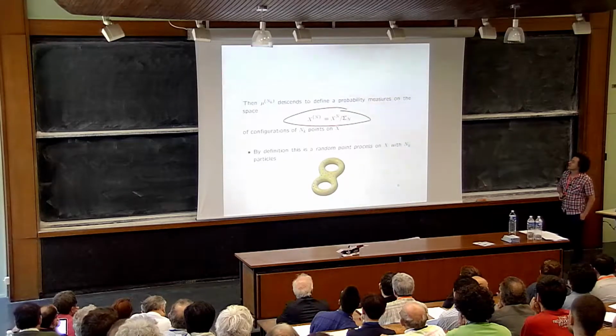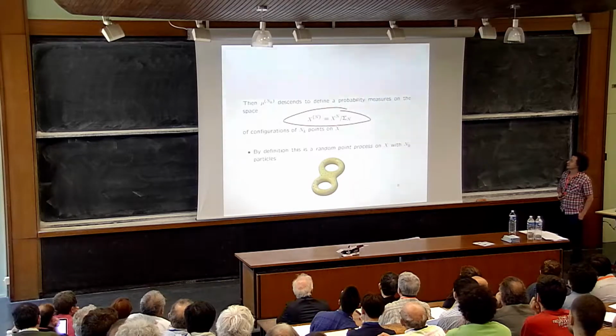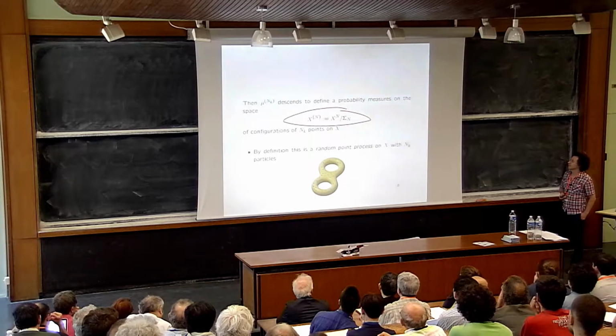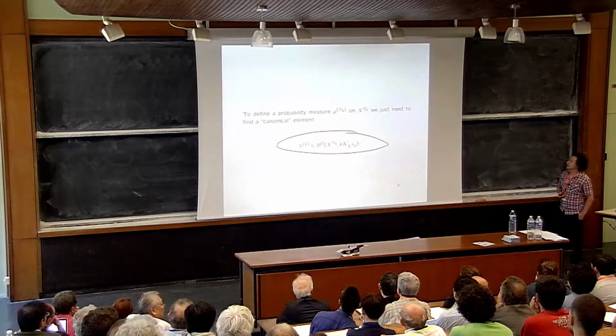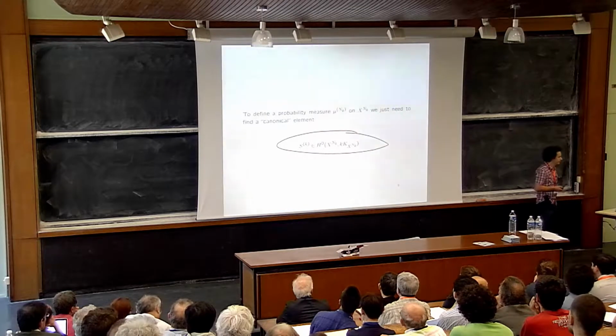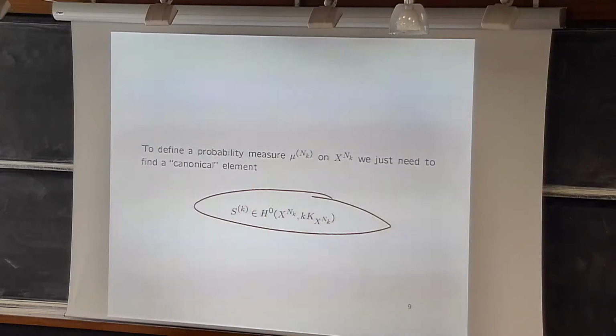OK, so how can we build such a probability measure in a canonical way? To define a probability measure on this product, what we need to do is just to pick a canonical element in this space of sections over the n-fold product. So it's like a holomorphic top form, or the kth root of this object is sort of a holomorphic top form.